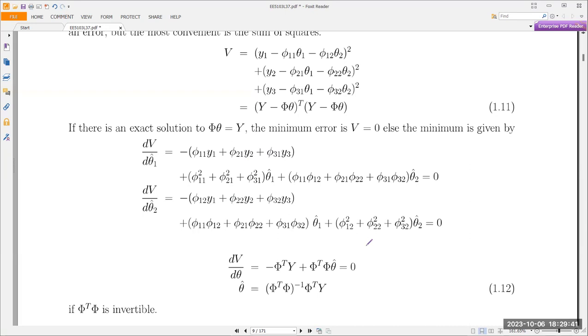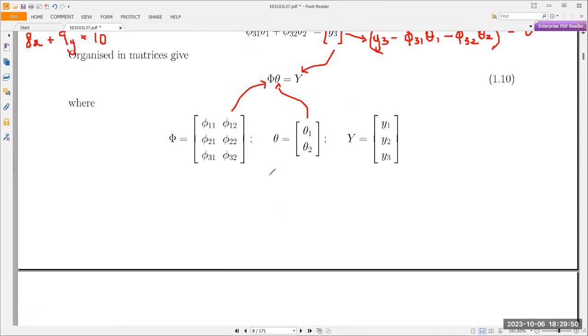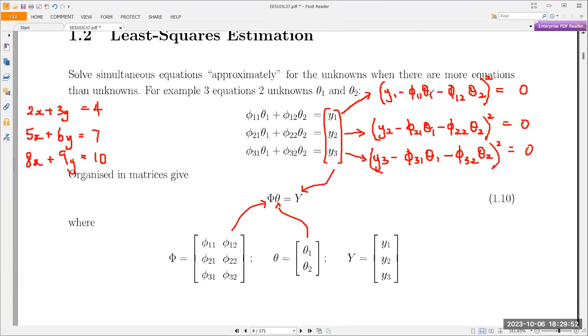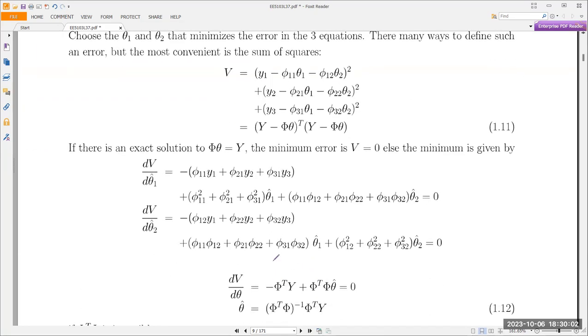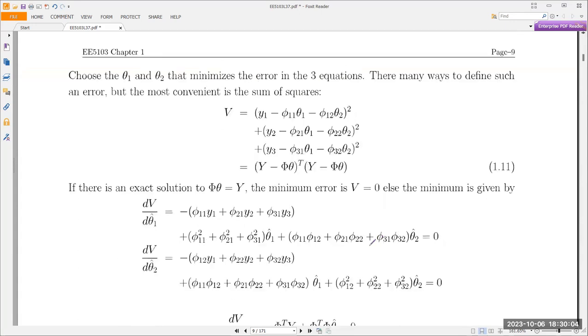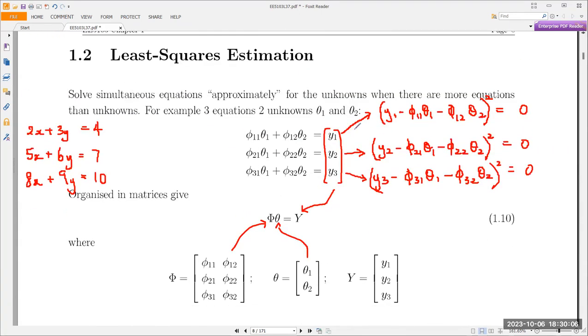Now you see there's something new. There's a hat here, theta 1 hat and theta 2 hat. This is to differentiate from the theta 1 and theta 2 inside this equation. The hat is what we call the estimate of theta 1 and theta 2, because it's not going to solve this equation perfectly. It will be the best estimate of theta 1 and theta 2.